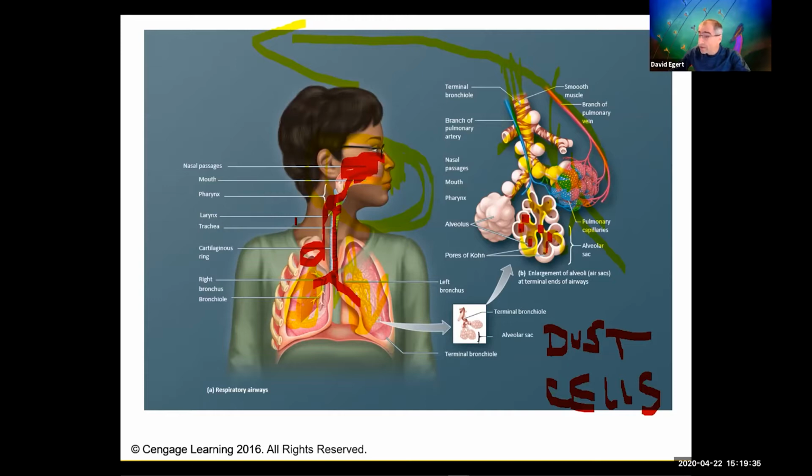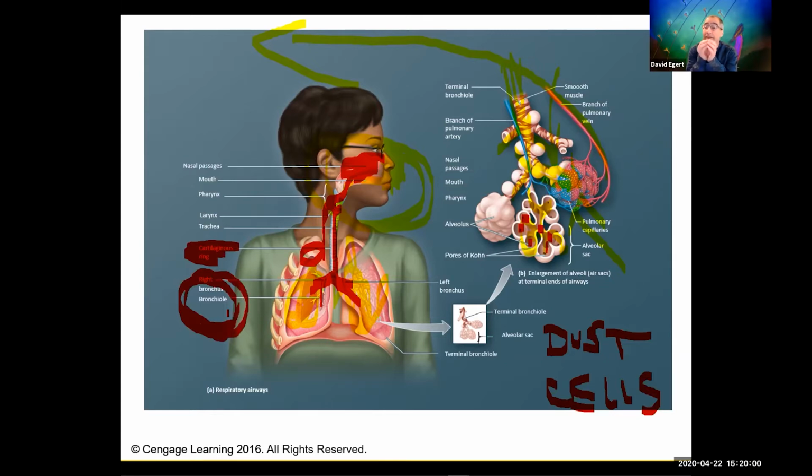What other things kind of review? We talked about the cartilage, which helps keep your airways patent, keeps them open so they don't collapse in. You have those C-shaped cartilage rings down your trachea, cartilage rings down your bronchi, until you get down to the very small. The little bronchioles no longer have cartilage. Those just had smooth muscle.